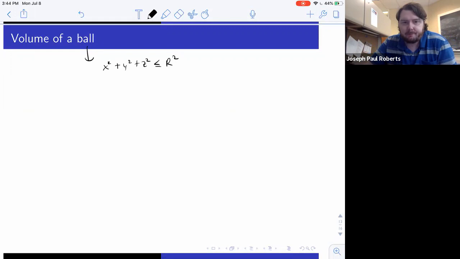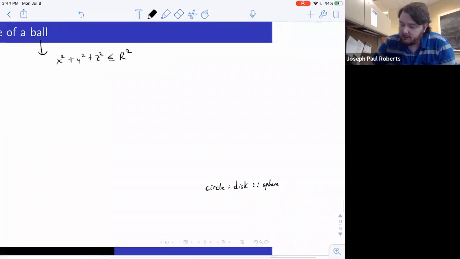If you want to go back to thinking about the SATs, a circle is to a disk as a sphere is to a ball. A circle would be the points exactly the radius away from a point, whereas a disk is at most that distance from a point.